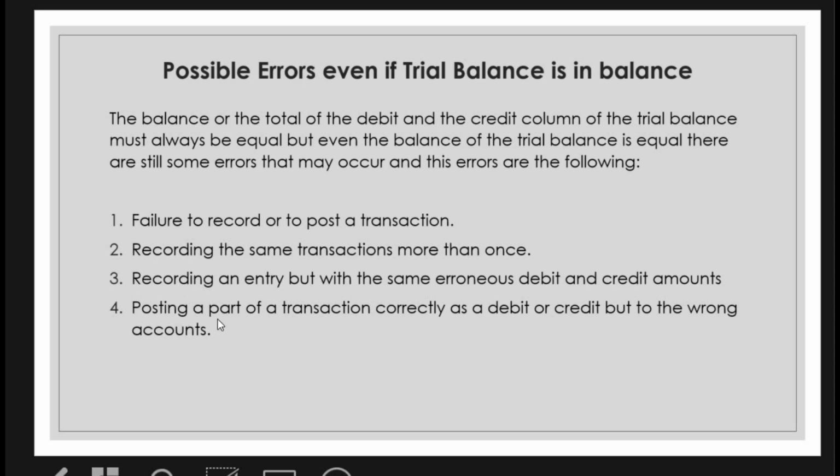Then, lastly, posting a part of a transaction correctly as a debit or credit but to the wrong accounts. So, mali, no? Pagka-post sa account. So, tama na post siya sa debit or credit, pero mali lang ang account nga iyahang na post san. So, for example, your journal entry is payment of accounts payable. So, supposedly, nag-debit ka ng accounts payable, nag-credit ka ng cash.